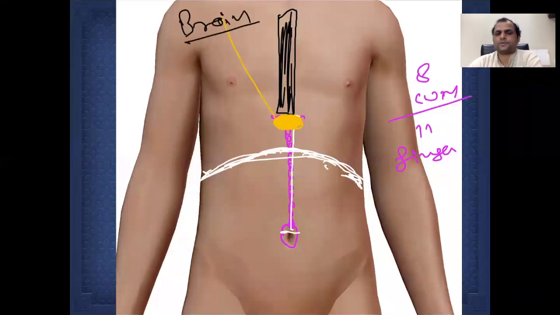Maybe the person is suffering with a problem of sleep, or anxiety, depression, or any brain related disorder like Parkinson's, like multiple sclerosis. If this point is painful, then we have to treat the brain. So we can tell the patient that you should take care of the brain.